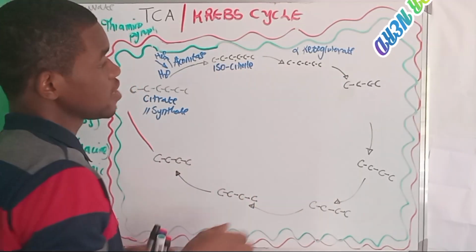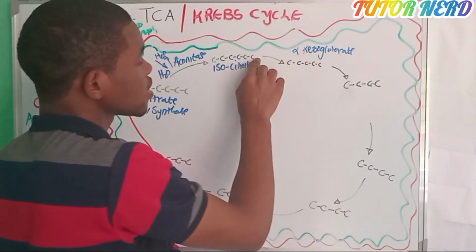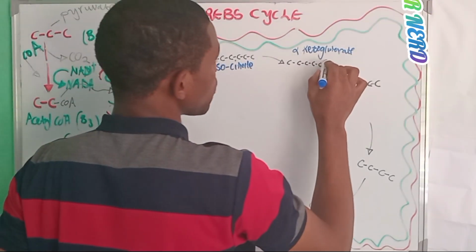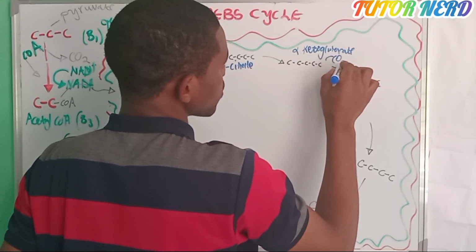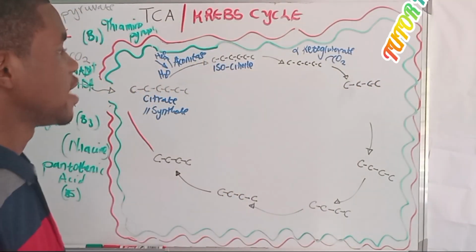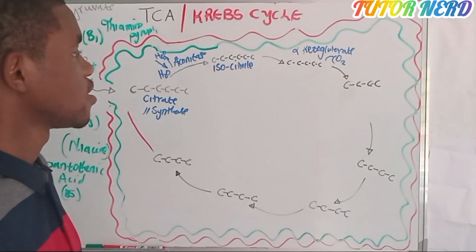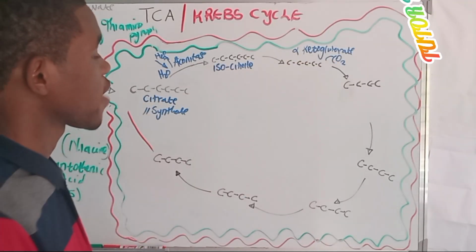So 1 carbon atom was lost in the form of carbon dioxide. Carbon dioxide is being released, so that we have 5 carbons in alpha-ketoglutarate.